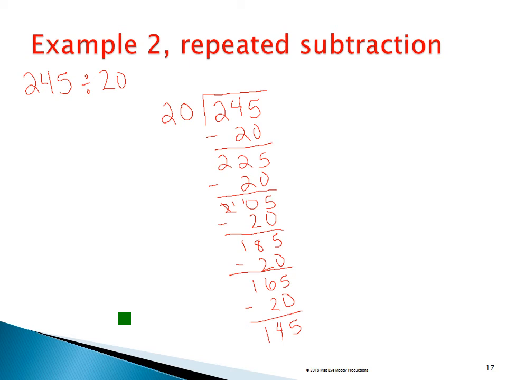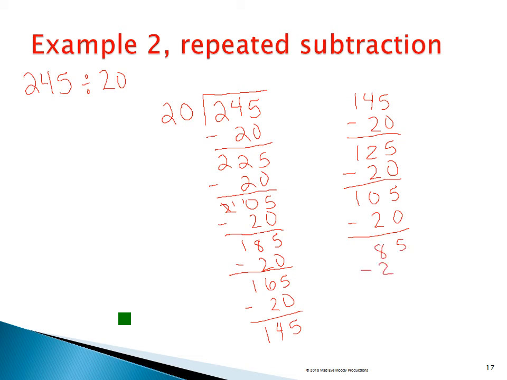See, I'm going to have to continue over here, so I'm continuing from my 145. And I'm going to continue from my 45.